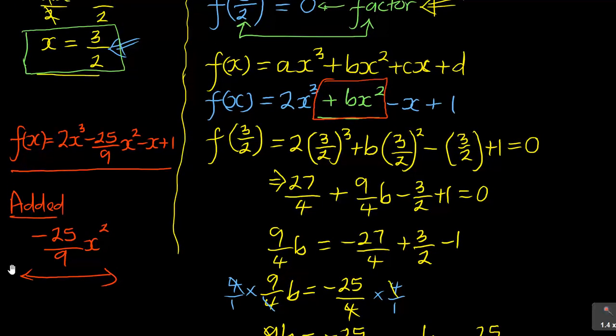So if you can now check, just to prove it, where there is x, if you substitute 3/2 there, and there, and there, it must give us in this case a 0. So let us test that.